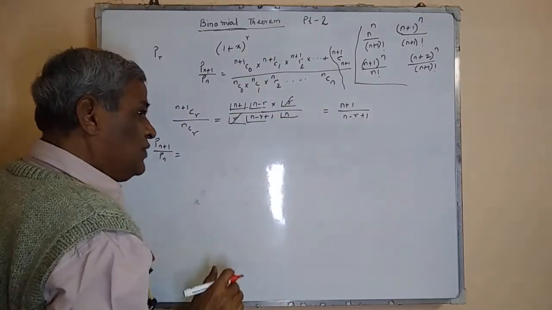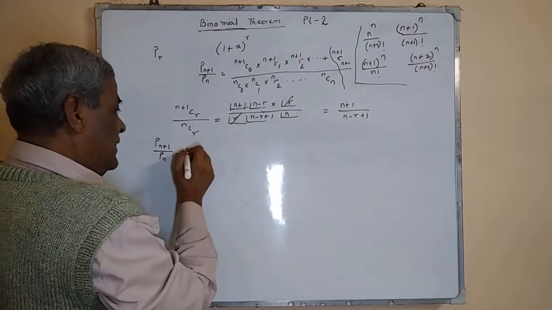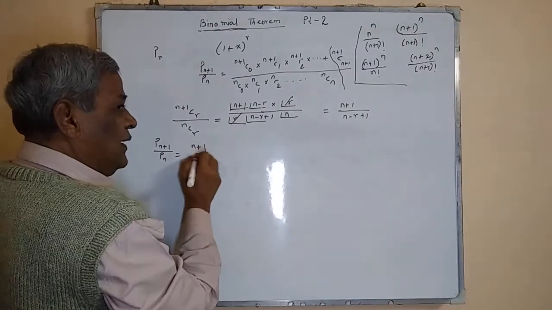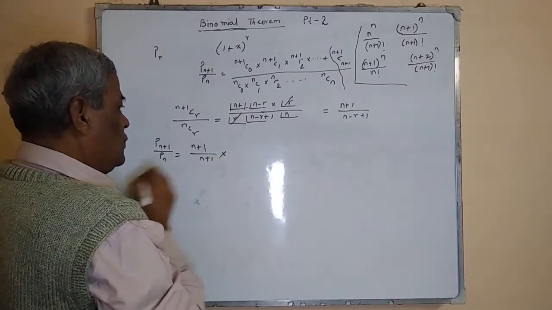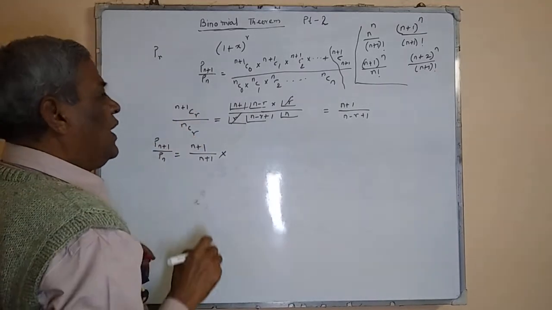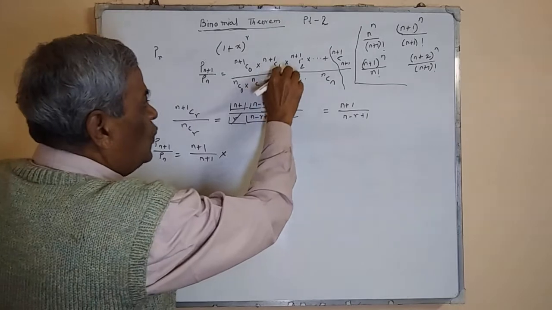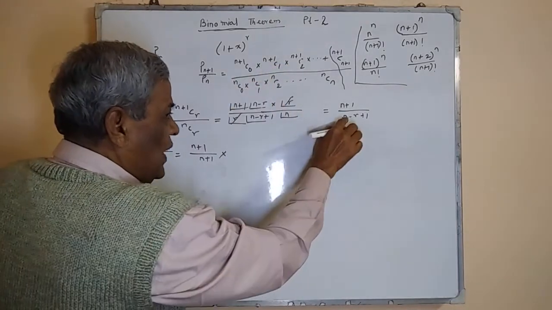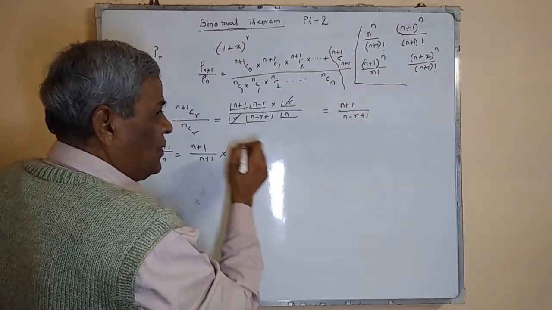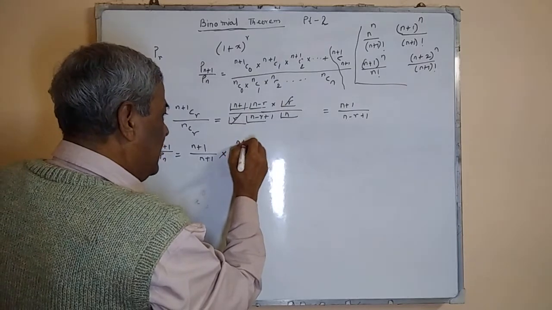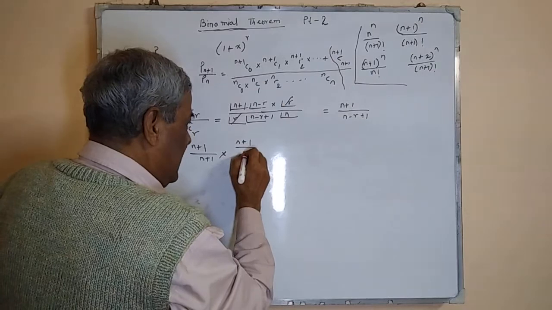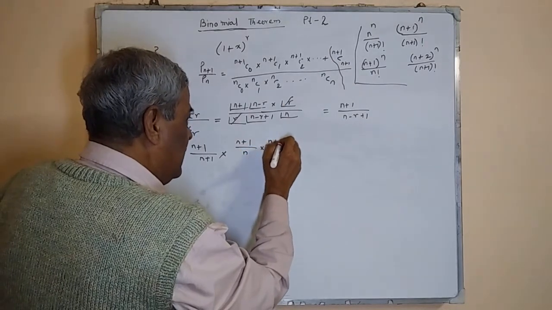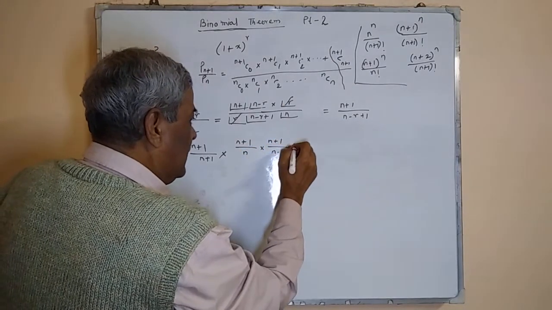So it equals (n+1) by (n+1) into. For the second one, we put R equal to 1, so (n+1) by n. The next term is (n+1) by (n-1).